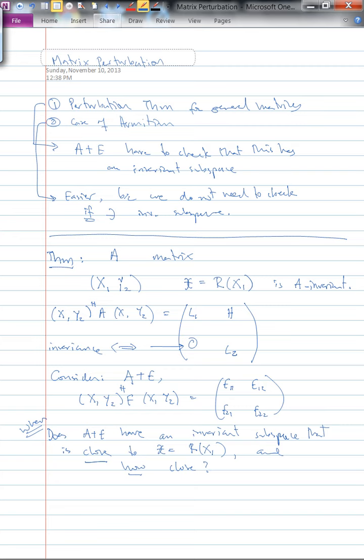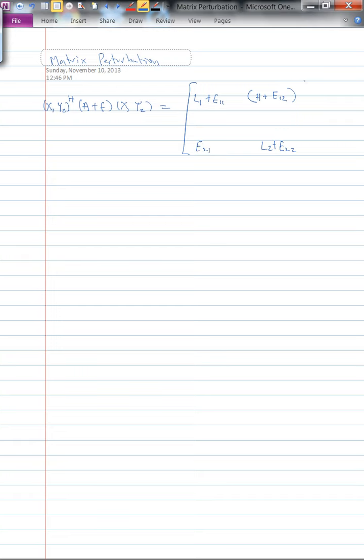So we can try to directly use the approximation theorem that we just proved at the end of the last lecture. So we know that by assumption A plus E in this basis is equal to L1 plus E11, H plus E12, L2 plus E22, and E21.